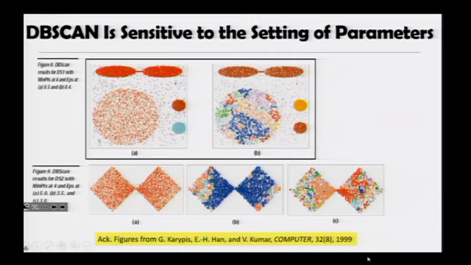Another way of saying this is that they have a more restrictive requirement on the density in subfigure B, and in subfigure A, they have a relaxed density requirement. But this leads to very different results when the algorithm stops.